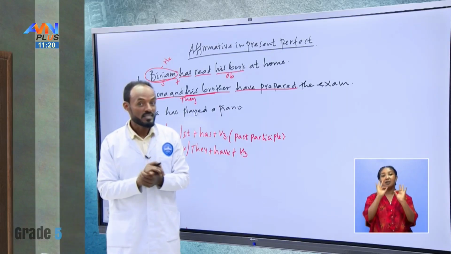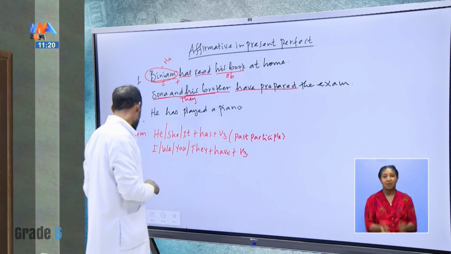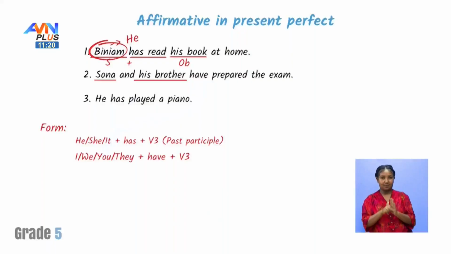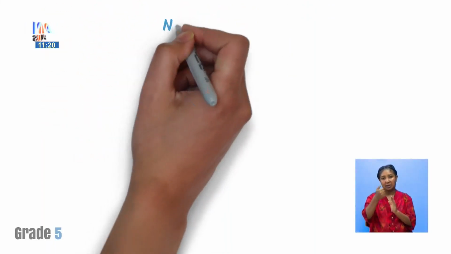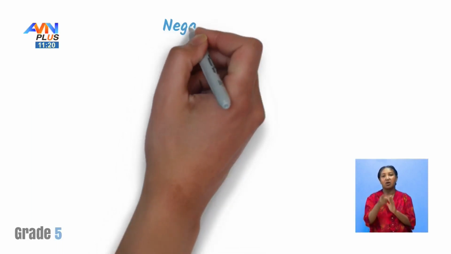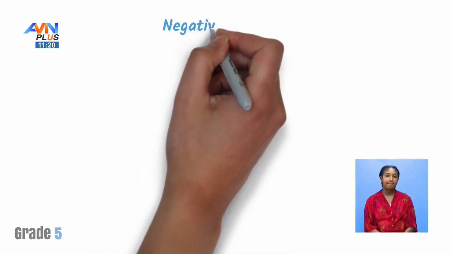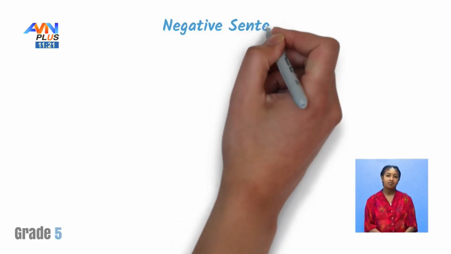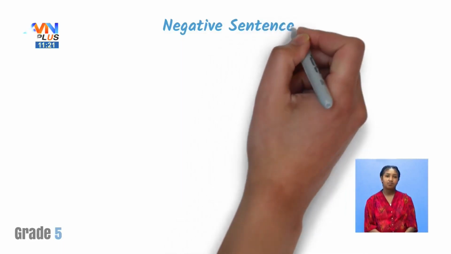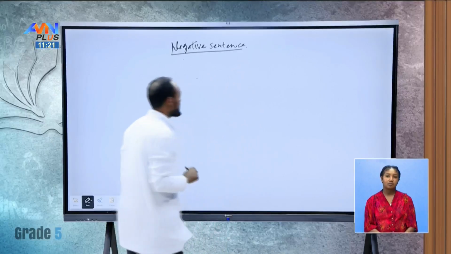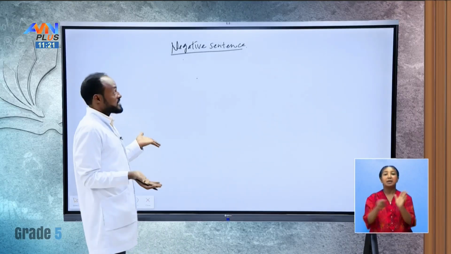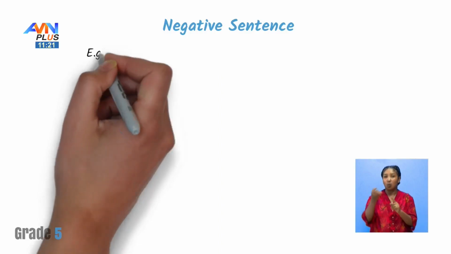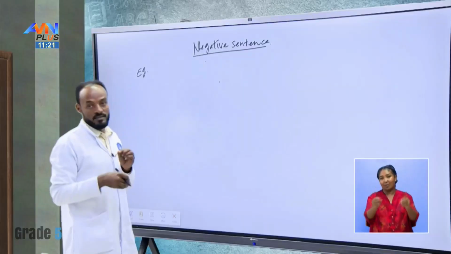Nice, students. Okay, let's go to the next point, the negative part. What if the sentence is negative? Negative means, as its name indicates, it contains not in it.